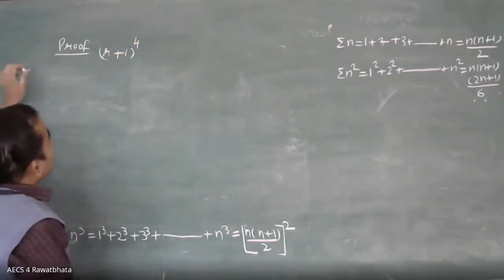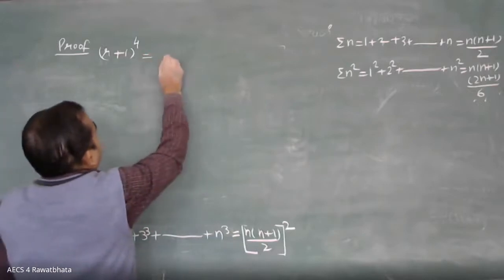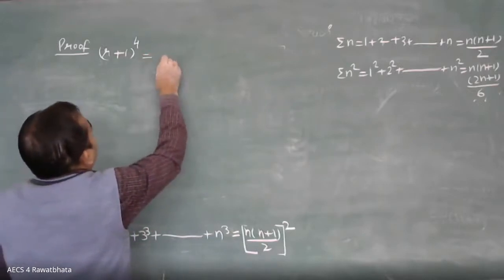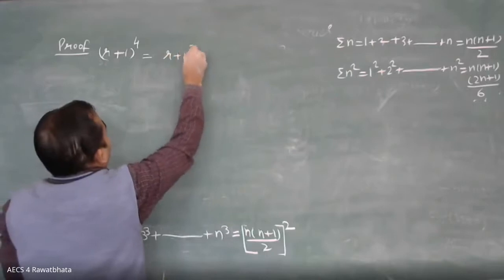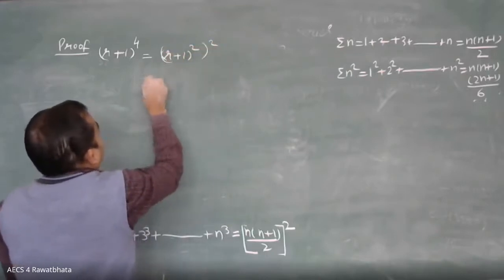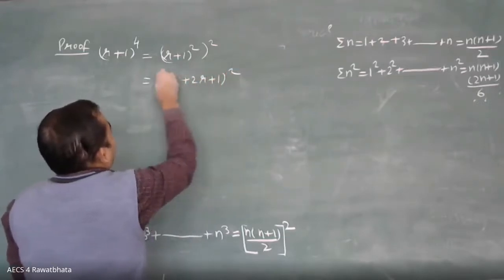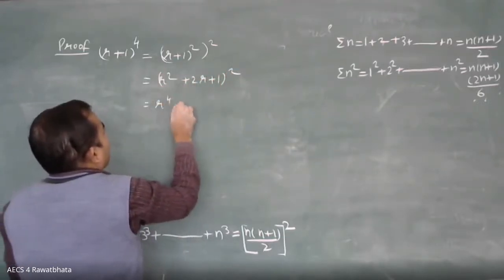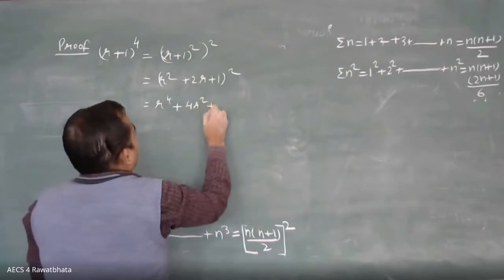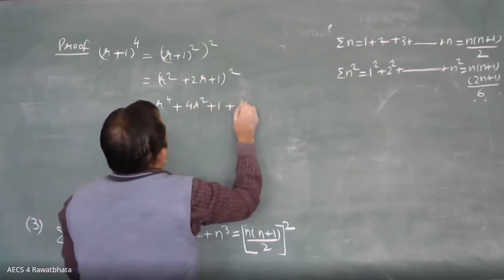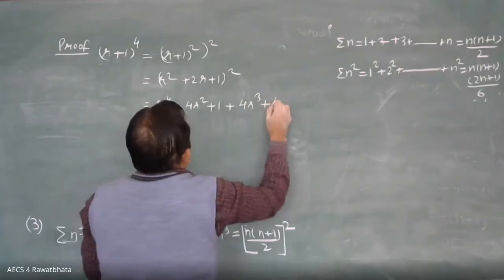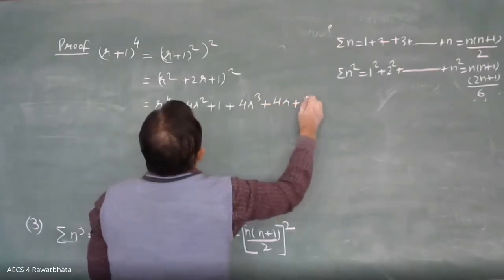How to get this? This will be something like r plus 1 whole square to whole square. Or you can say r square plus 2r plus 1 whole square. Or r raised to power 4 plus r square plus 1 plus 2 into 4r cube plus 4r plus 2r square.